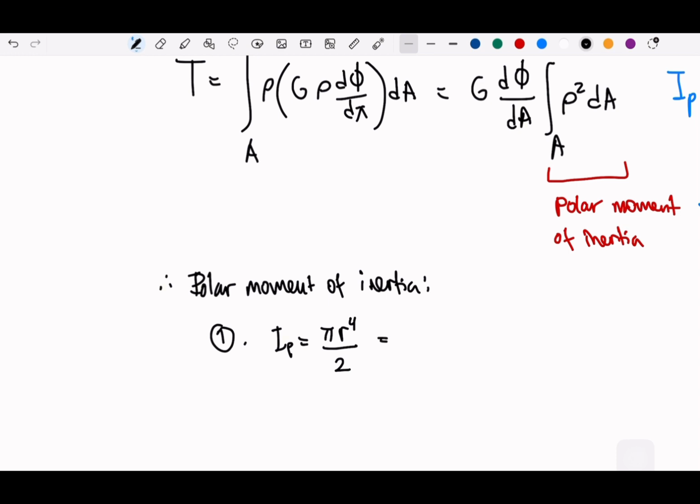Or you can write it in terms of diameter, so 2 to the power of 4 is 16, multiplied by 2 is 32. This is for solid cross section.